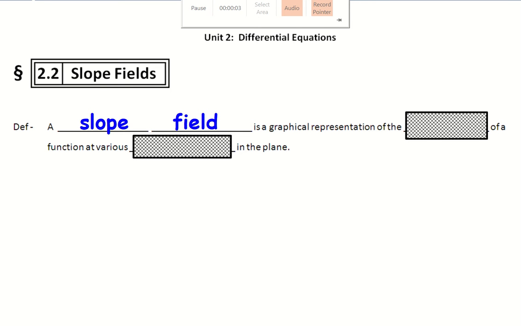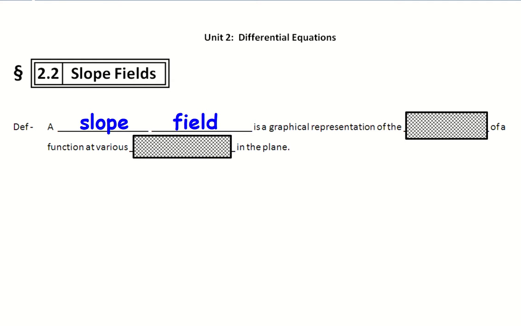Okay, 2.2 is called slope fields, and there's a very good possibility you've already seen a bit of this in AB.